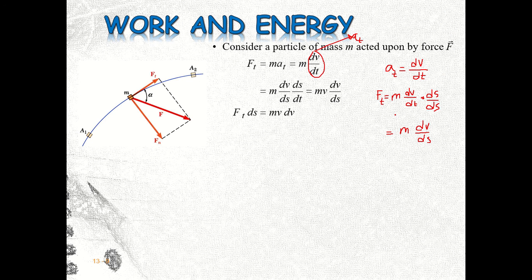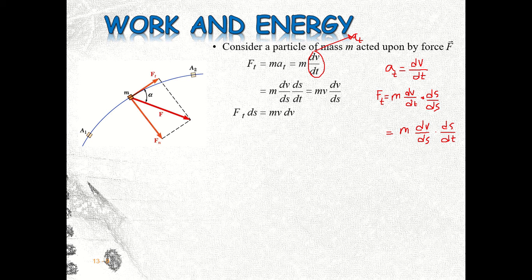And we have, times, at the numerator, ds, then divided by dt. So are we changing the equation, class? We are not, no? We are just rearranging.